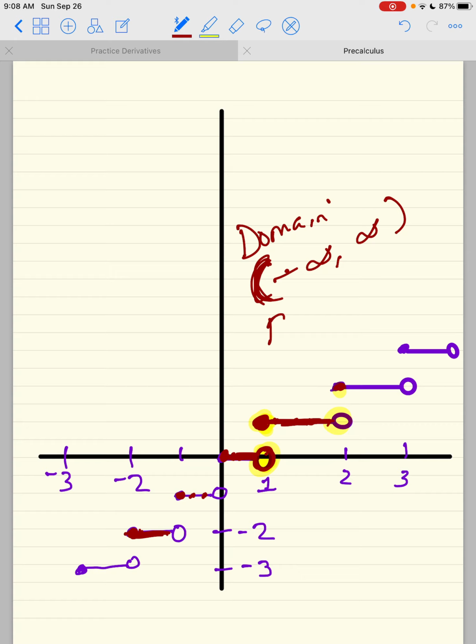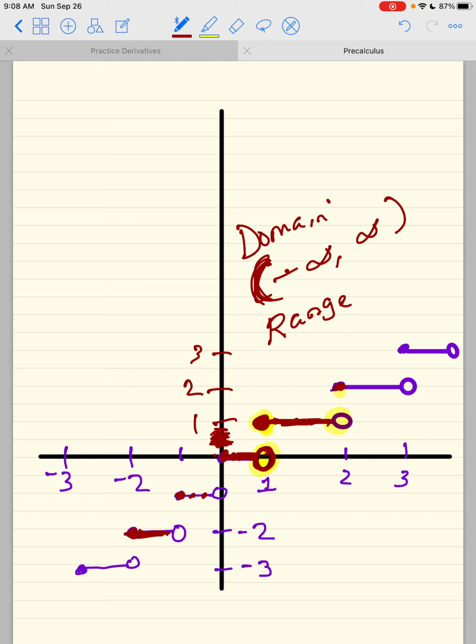What is my range? Are you getting all your y's? Well, am I getting 0.5, 0.6, 0.7, 0.8? I'm not getting these y's. Look at my y's. I get 1, I get 2, I get 3. I don't get 2.5. I don't get 2.7.